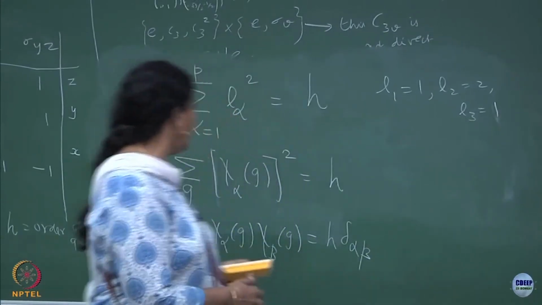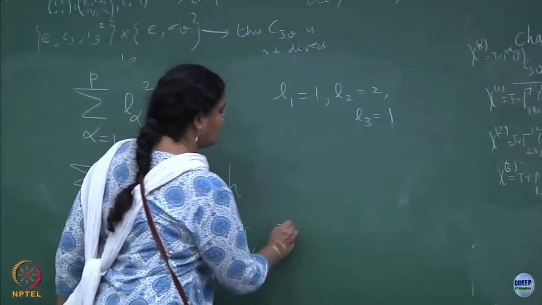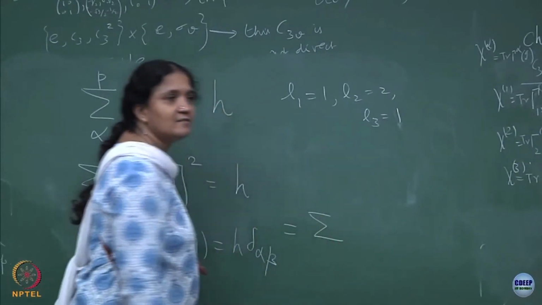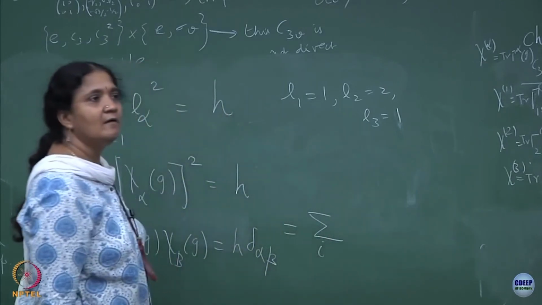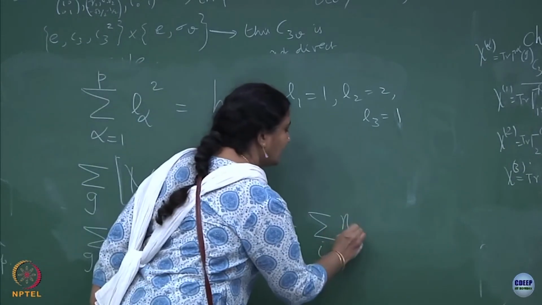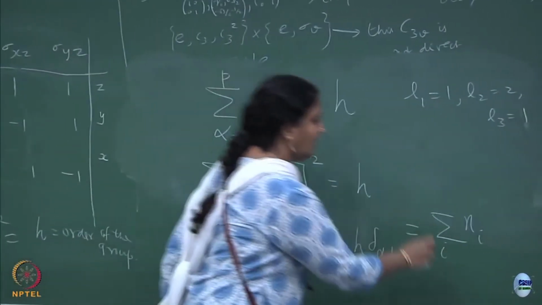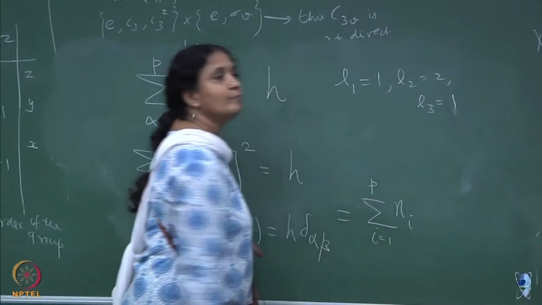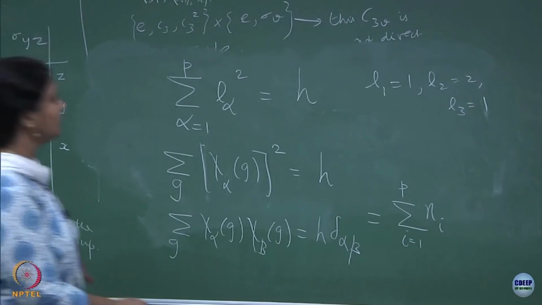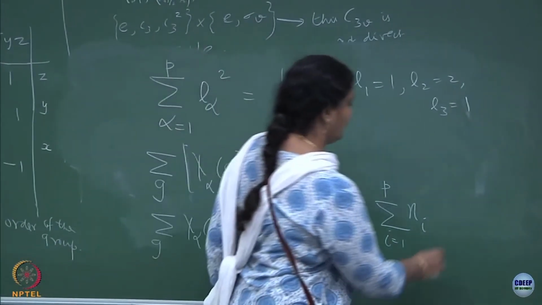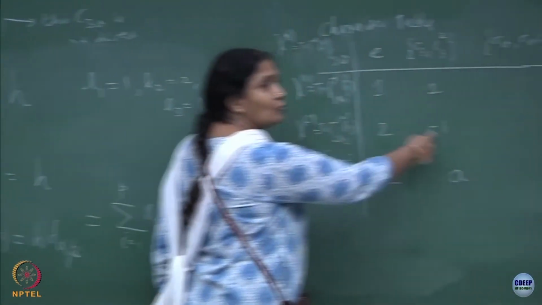Equivalently, instead of writing it as a summation over all the elements, you could write it in terms of a summation over classes. Classes I will denote by i, running from 1 to P. You can write the number of elements in the class, and then the character for the class alone, right.